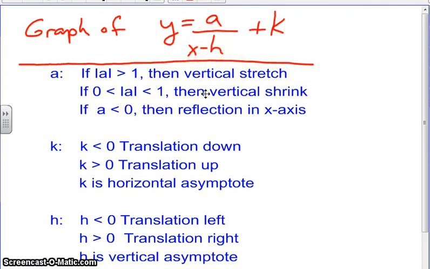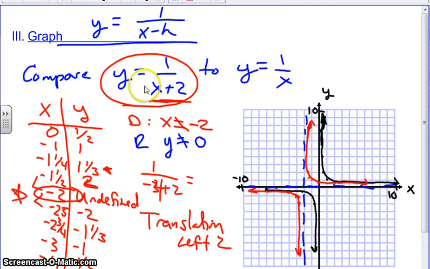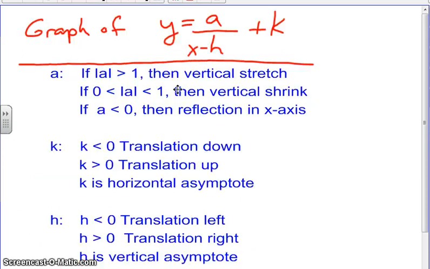In other words, when we looked at, I'm going to go over here for a second, what value we're not allowed to put in the domain here? -2. Do you see how if we subtract this is -2? Most people find it easier to say, which way are you moving? Look here at the x, what value can I not put in, right? You're moving left 2. But in the model function, we have x minus this. So this, in this case, would be -2. Your h is -2, okay?